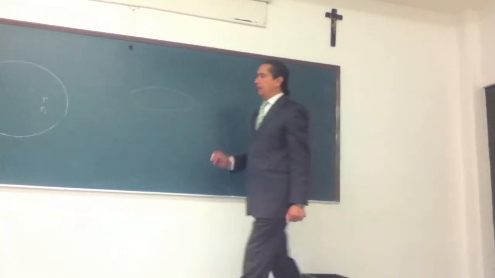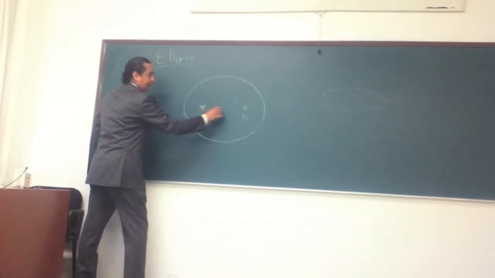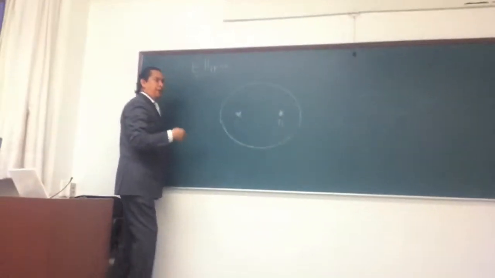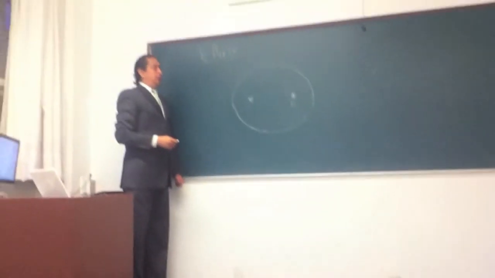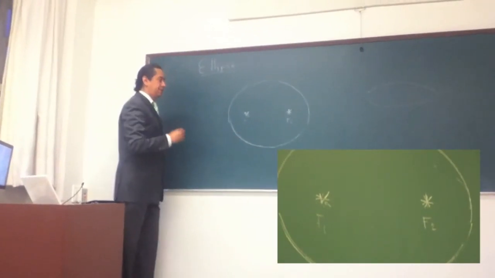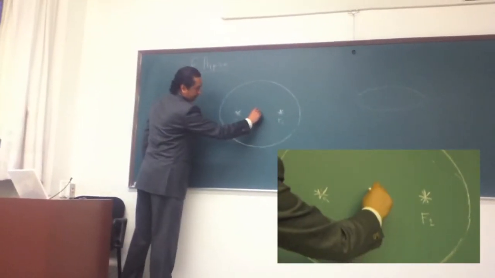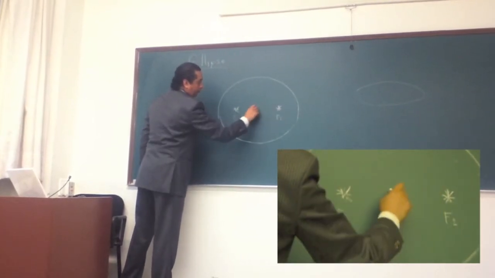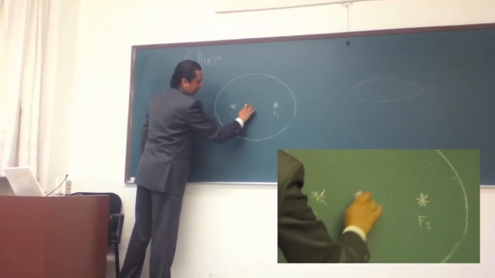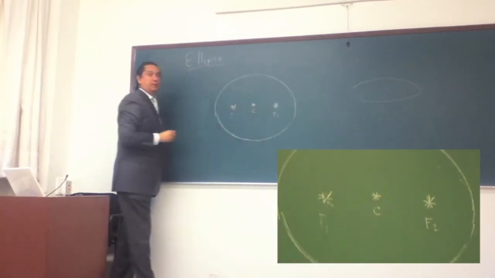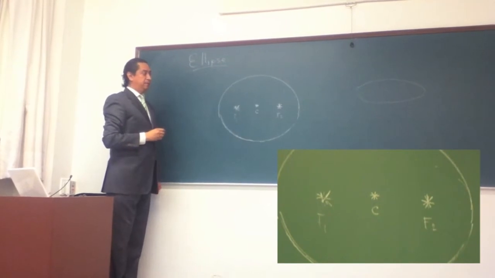The ellipse has, like the other conics, such as the parabola and the circle, some very important elements. The first element is the center. The center is the midpoint between the foci.